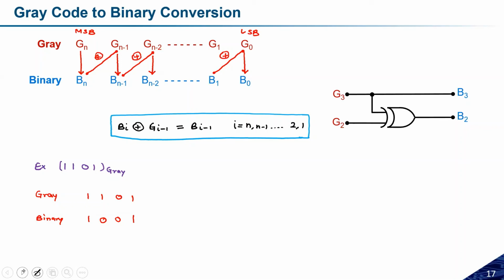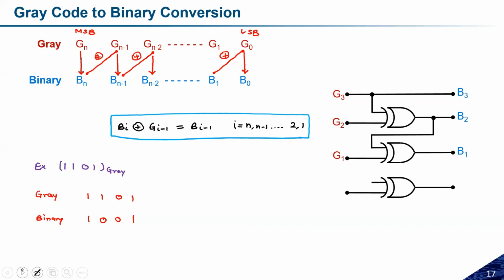To find B1, I have to XOR B2 and G1, and that will give you B1. Similarly, to calculate B0, I have to XOR B1 and G0, and that will give you B0. So this circuit is nothing but a gray to binary code converter.